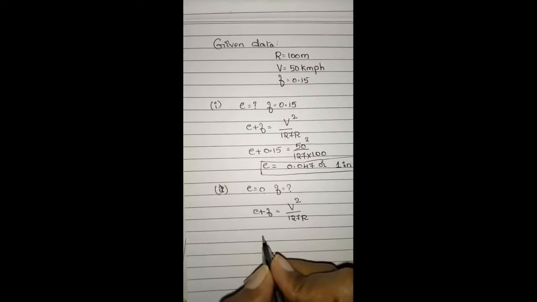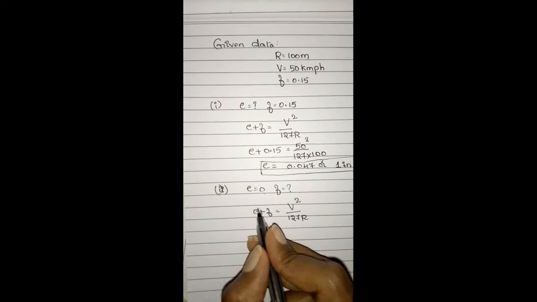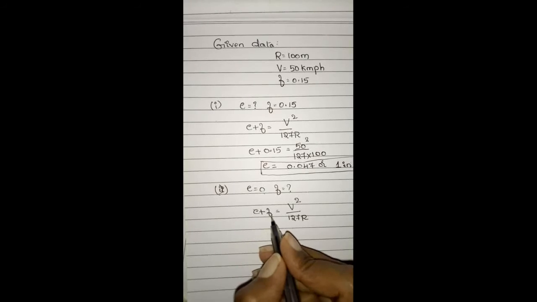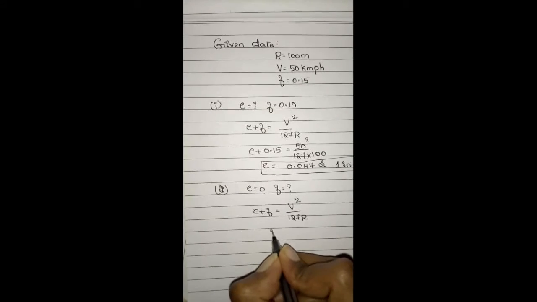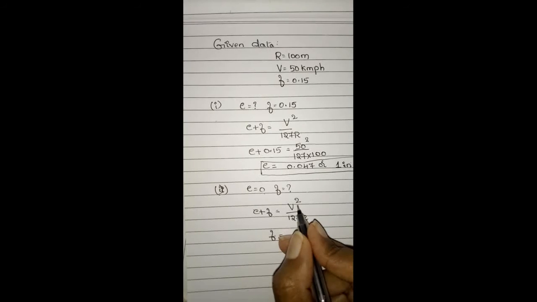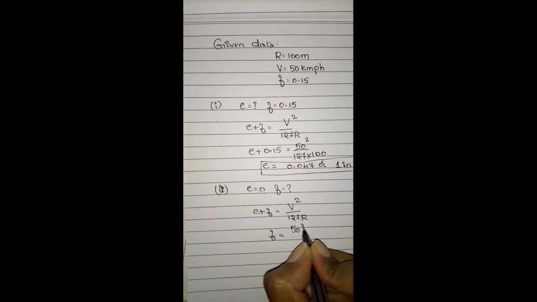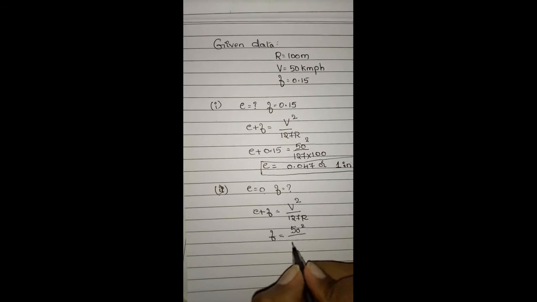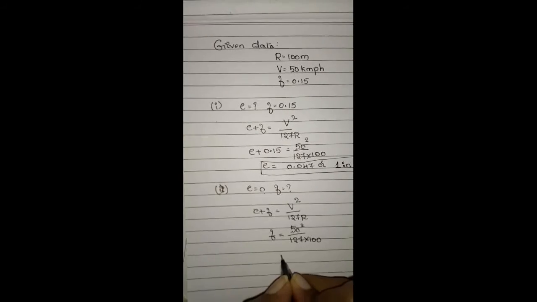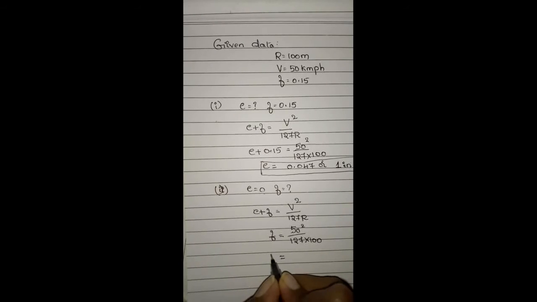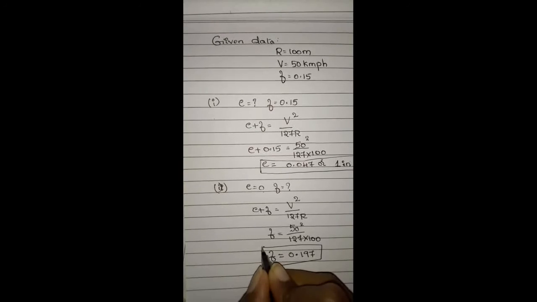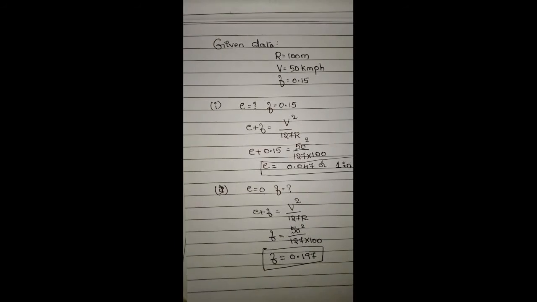There is no super elevation, so E is not needed, and we want to find F. So F is equal to V square, V value is given already, that is 50 square divided by 127 into R value, which is 100. When I calculate this, I get the value of F as 0.197. So this is the value of F in the second case, that is when no super elevation.